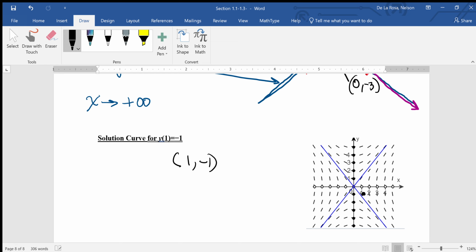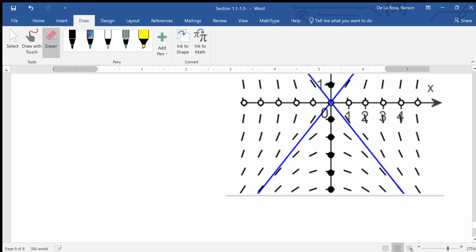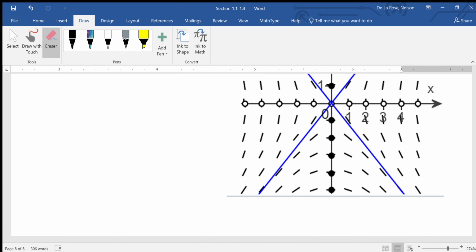So the behavior of the solution is going to be like this. It's going to be close to this kind of asymptote. But remember, there's going to be an open circle. Let me extend this. This is (1, -1). Let's say it's right here. So the curve is going to have this behavior.